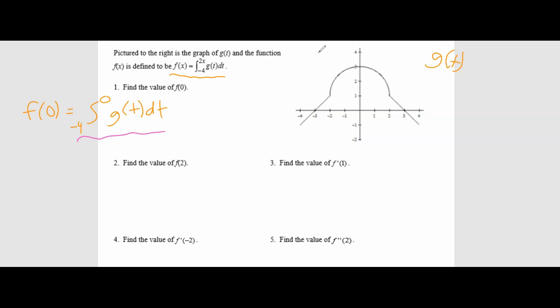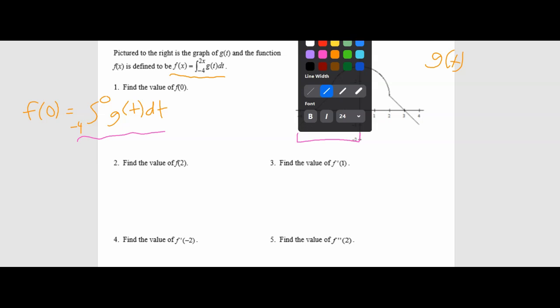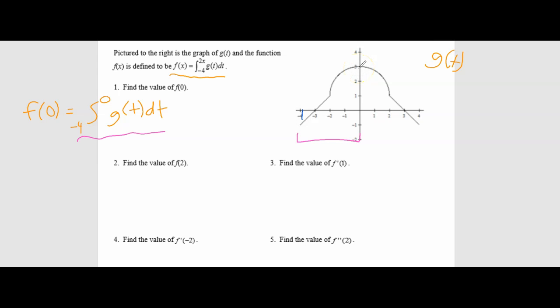So I'm just going to be finding the area under g of t from -4 to 0. So this area right here. So I would just need to break it up into the different pieces. Oops, I'm going to have this little triangle right here. It's going to be a negative area. So right here, height of that triangle, 1, length of the base is 1.